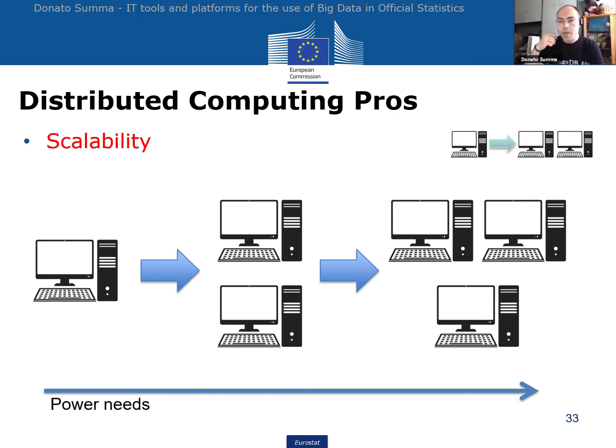I mean, if we have a system with, let's say, 12 machines, and for some reason we no longer need all the computational power, we can also decrease dynamically the number of computers of our distributed system. So we can increase or decrease the power of the system by adding or removing machines from the system. And this is called scalability.